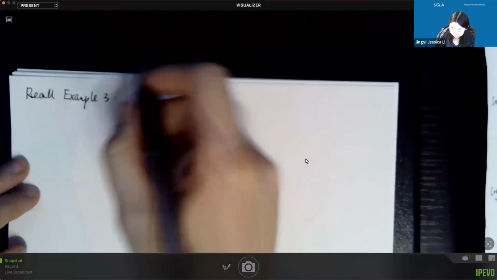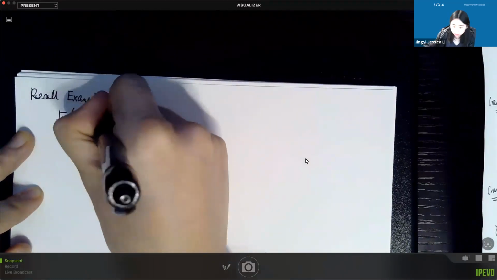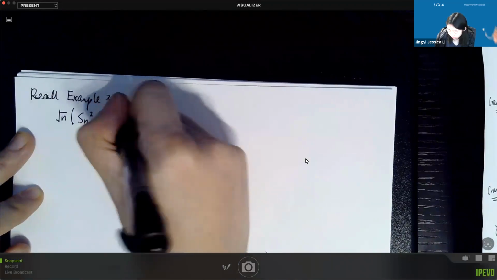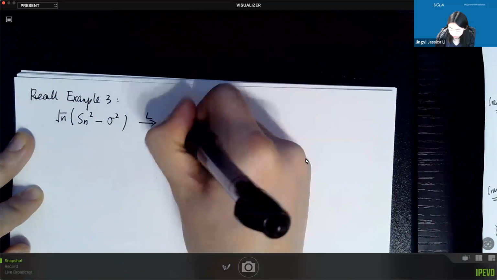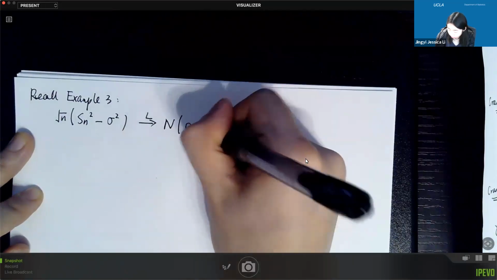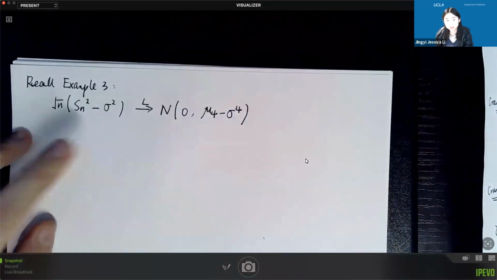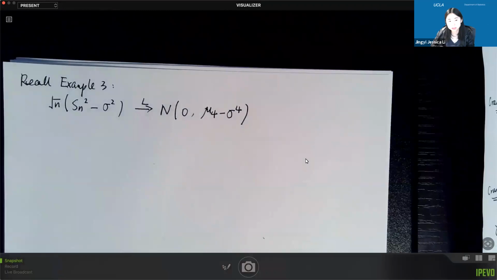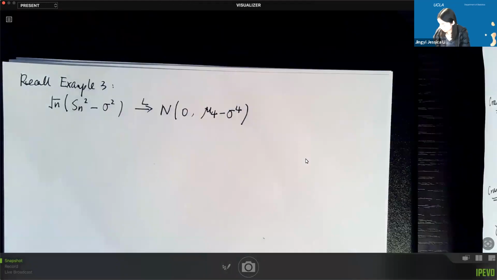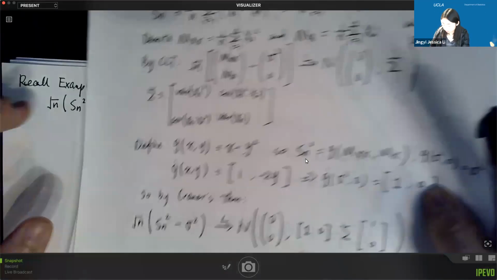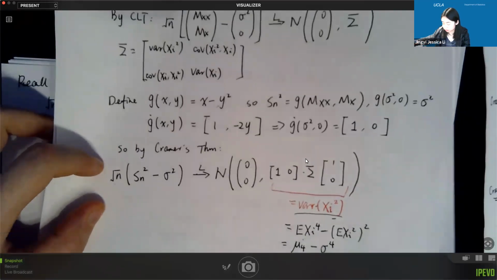That is, we derived the asymptotic result: root n times (Sn squared minus sigma squared) converges in law to normal distribution with variance mu fourth minus sigma fourth. If you recall, we have derived this, the asymptotic distribution of sample variance. That's from our example 3. This is what we derived last lecture, so we're just repeating this result.